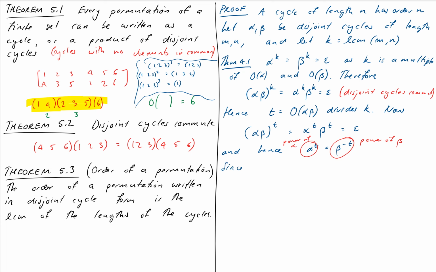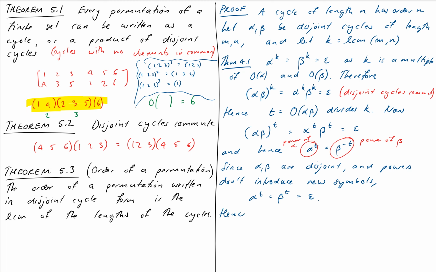Since alpha and beta are disjoint, and powers don't introduce new symbols. If I take powers of cycles, I don't get new symbols introduced. I get alpha to the t is equal to beta to the negative t, which also equals beta to the t, which is equal to the identity.